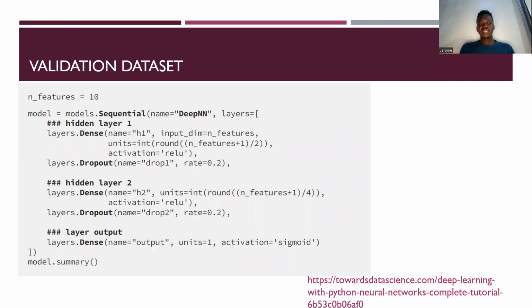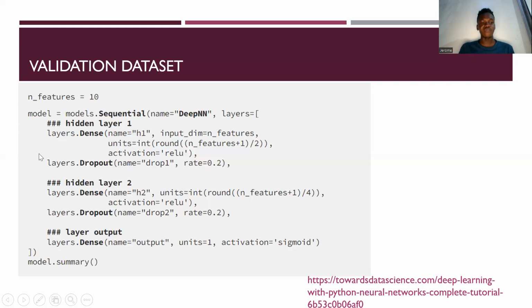So the validation data set, in detail, is the data set that enables us to tune hyperparameters. The hyperparameters are basically the parameters that are used to set up the training, to set up the algorithm, or in this case, the neural network. For example, here we have the number of layers.